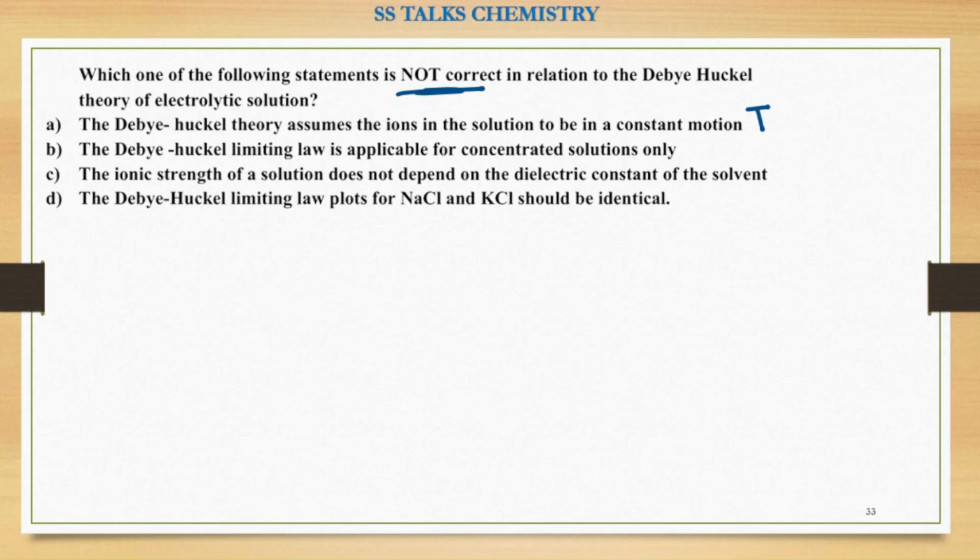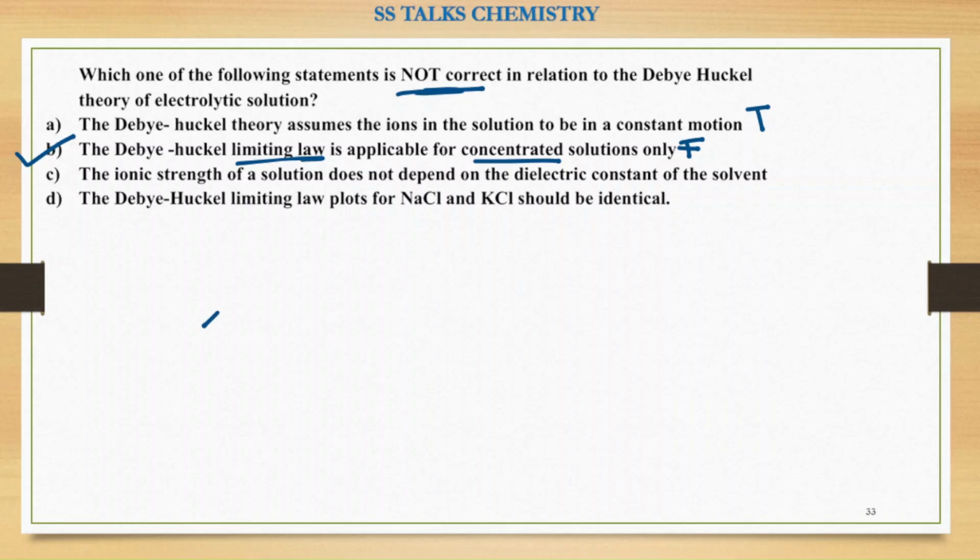The next is the Debye-Huckel limiting law: it is applicable for concentrated solutions only. This is the incorrect one. From the name itself you see it is a limiting law, which means it is reaching a limit at infinite dilution. So how can it be applied to concentrated solutions? The incorrect statement is option B only.